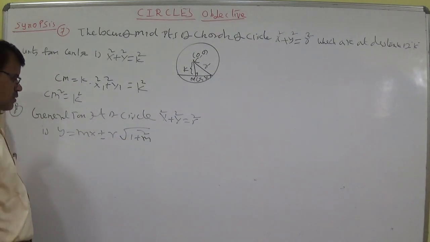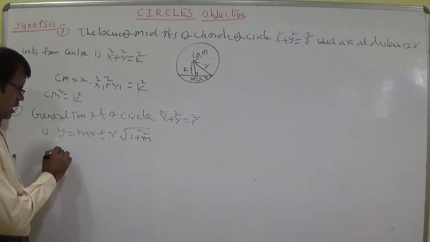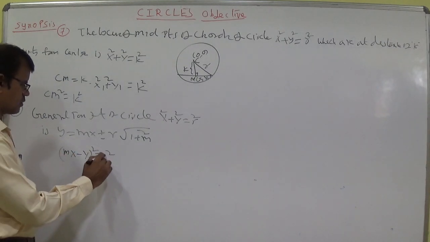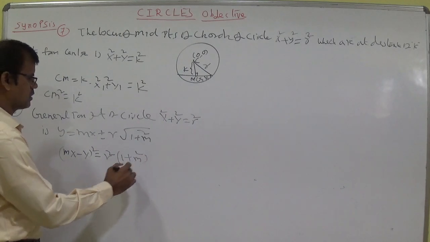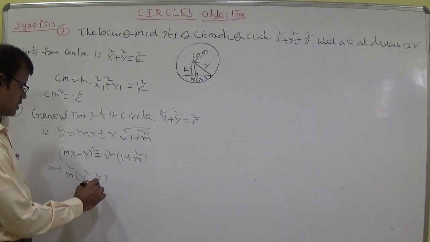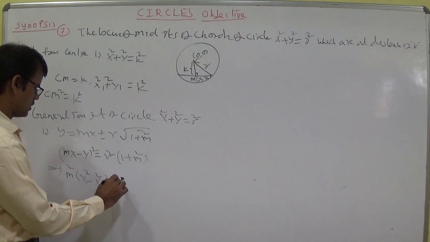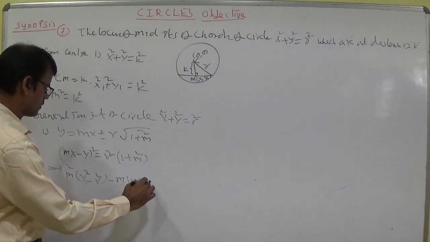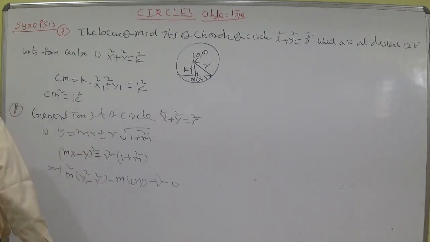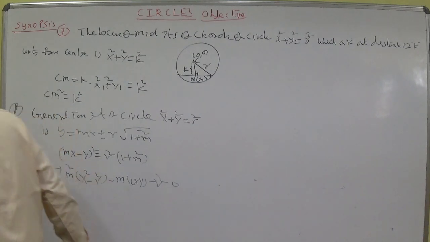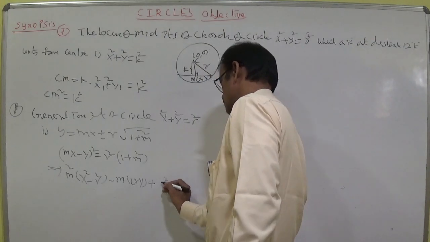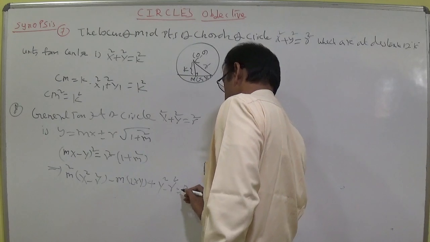By squaring both sides, you get a quadratic equation: mx minus y whole square is equal to r square into 1 plus m square. So this is a quadratic equation: x square minus r square into m square minus 2xy into m plus y square minus r square equal to 0.